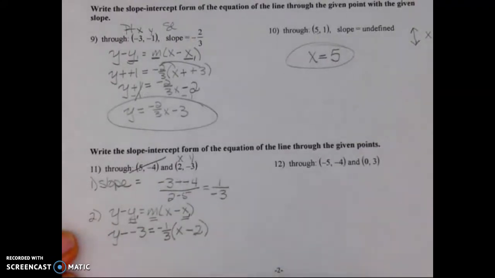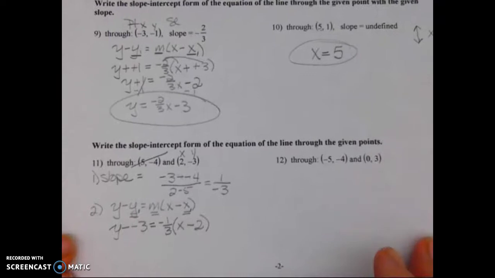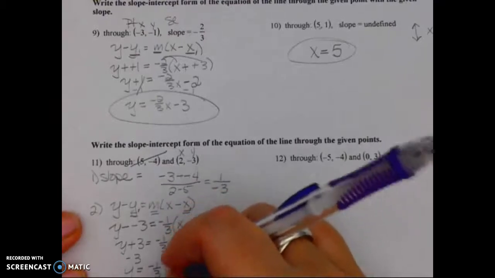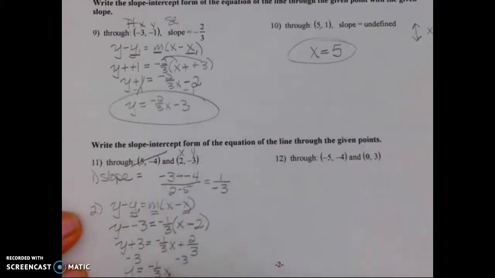You only have to choose one of the points. Let's clean it up. 2/3 minus 3 is 7/3.